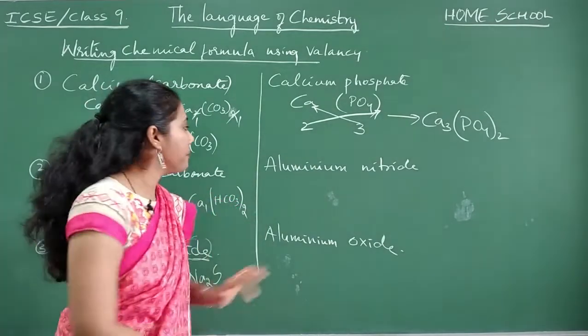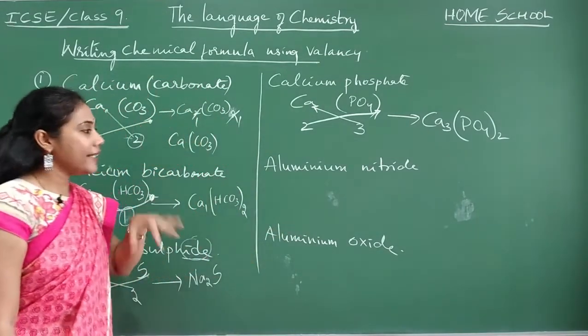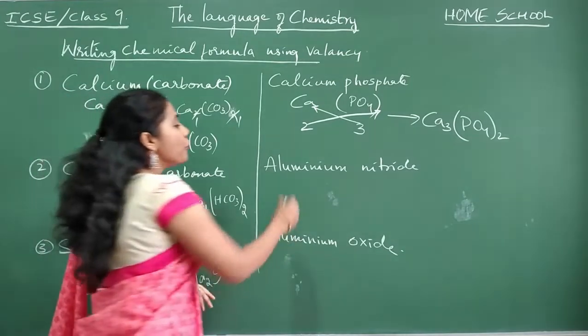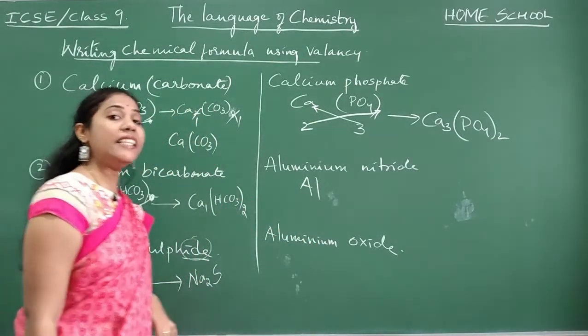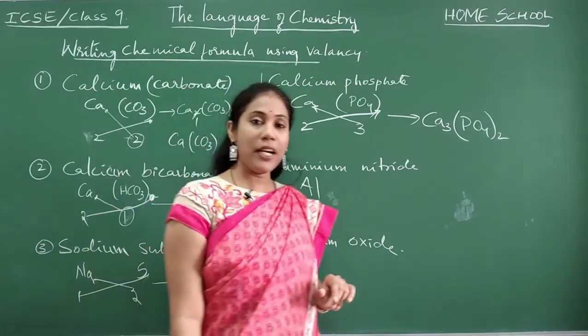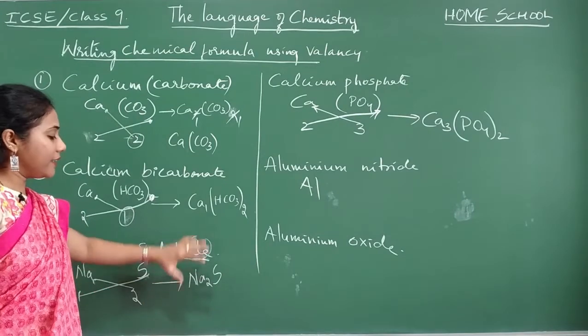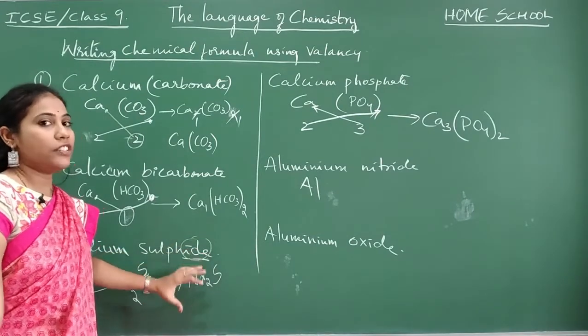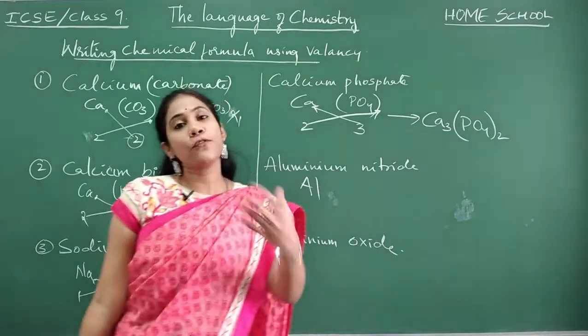Clear? Fine. And coming to the next compound, aluminium nitride. What is the symbol of aluminium? Al. Nitride in the sense nitrogen, guys. I told you just now, if a non-metal is there as a negative part, we don't indicate it with its full name.